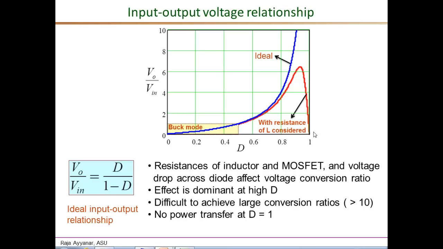VO over Vn goes all the way down to 0. Therefore, it is difficult to achieve large conversion ratios, for example, greater than 10, using the buck boost converter. We saw a similar situation for the boost converter as well. So if we do need large conversion ratios, then either we need to use isolated converters with large transformer turns ratios, or have a cascaded multi-stage boost or buck boost converter.